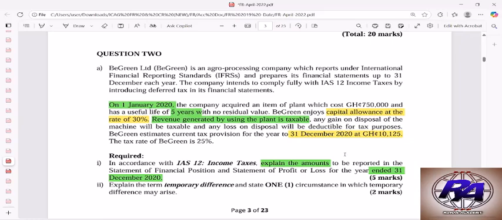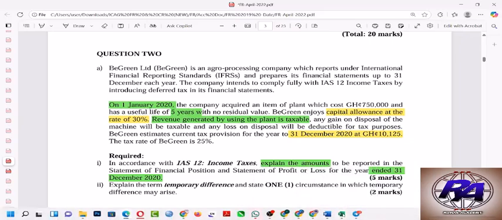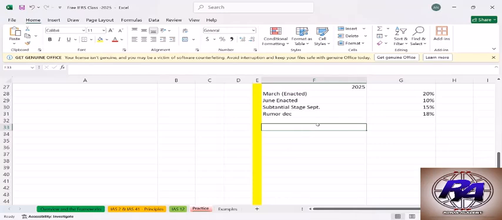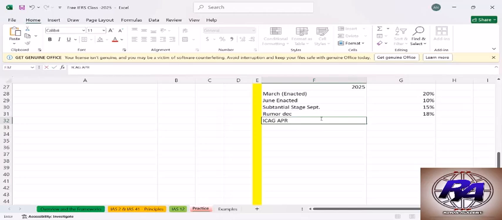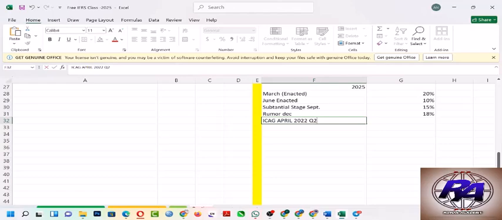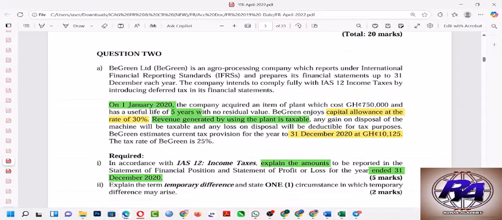Okay, so let's list the ingredients in the question. So let me put here ICAG April 2022 question 2. I think it's A or C, just for reference sake.